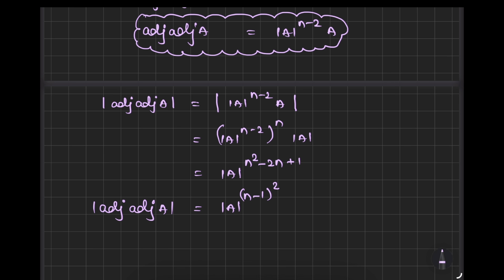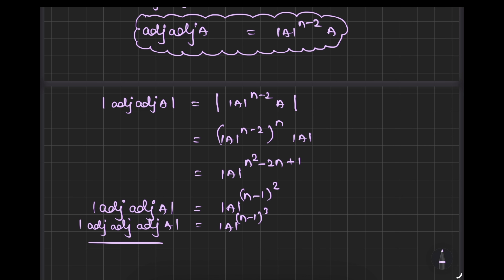So if there are three things, so can I say that we will have adjoint adjoint adjoint. Now I'm using symmetry, I will not take every part. So can I write n minus 1 power 3, and things will keep on going.